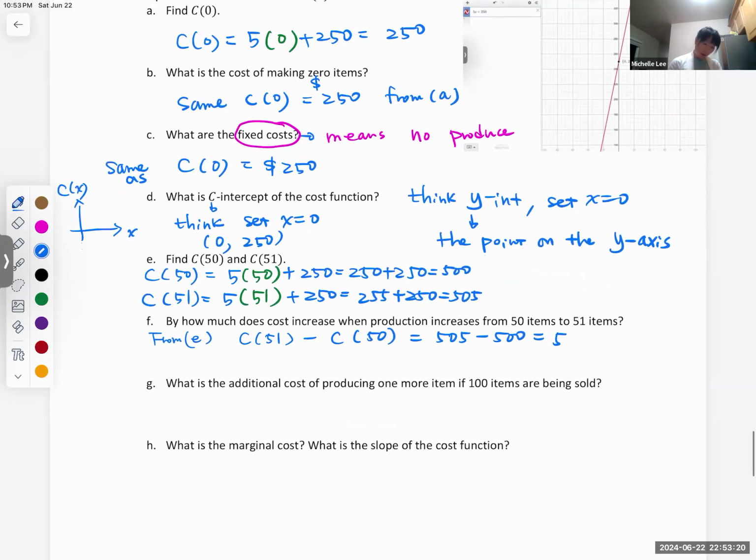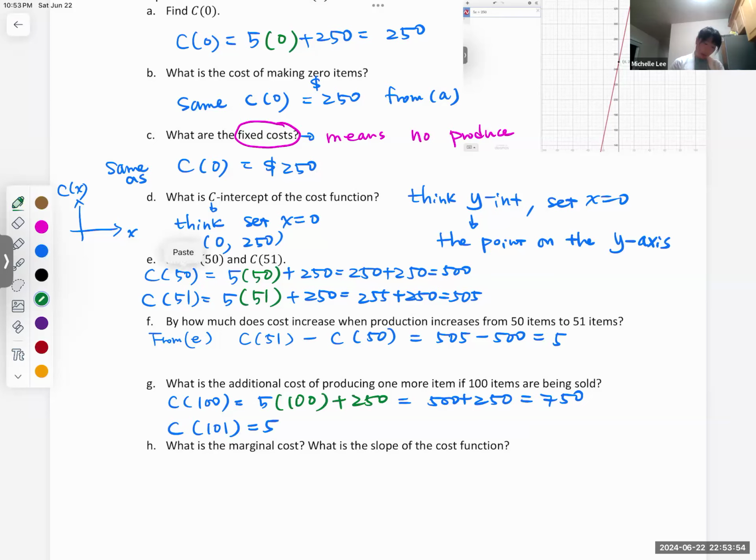So C of 100 equals 5 times 100 plus 250 equals 500 plus 250 equals 750. And we have C of 101 equal to, I'm sorry, 5 times 101.